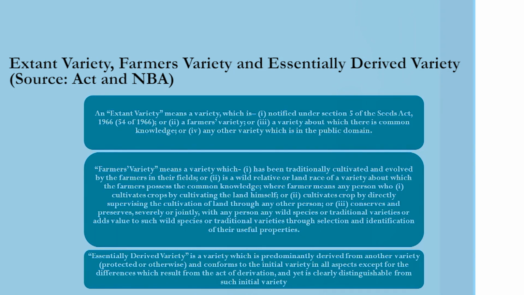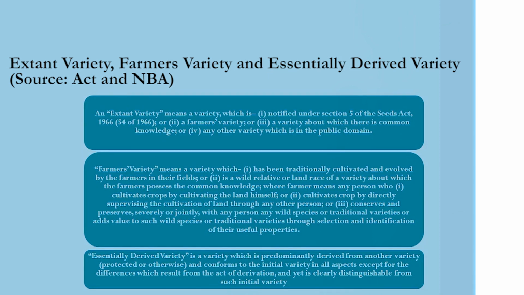Farmer means any person who cultivates crops by cultivating the land himself, or cultivates crops directly by supervising cultivation of land through any other person, or conserves and preserves, severally or jointly with any person, any wild species or traditional varieties, or adds value to such wild species or traditional varieties through selection and identification of useful properties.